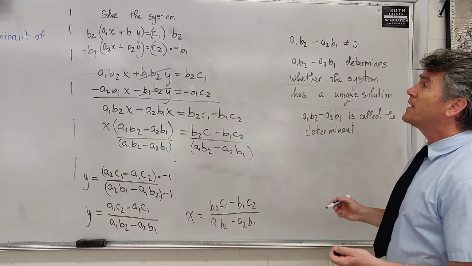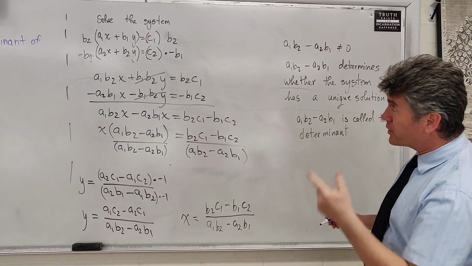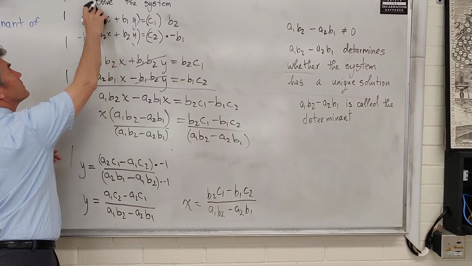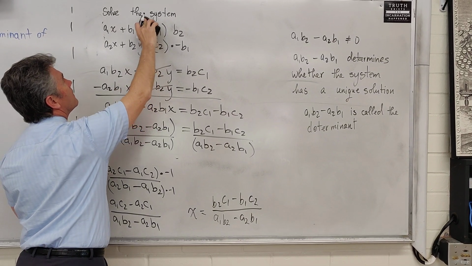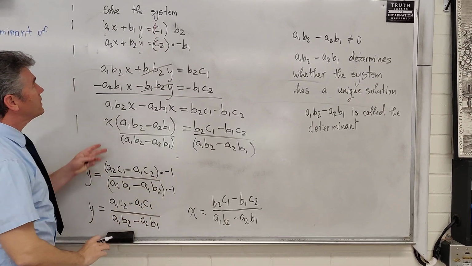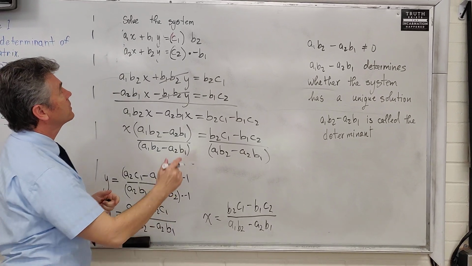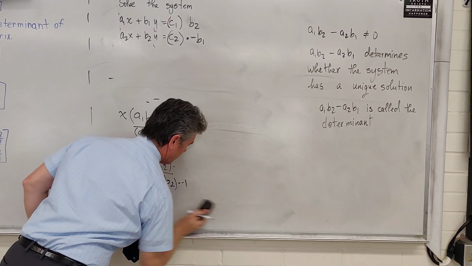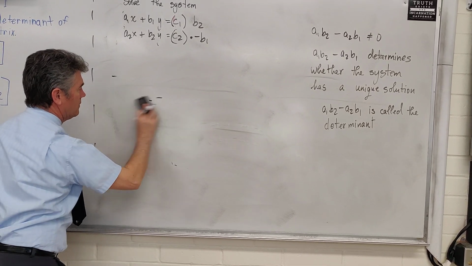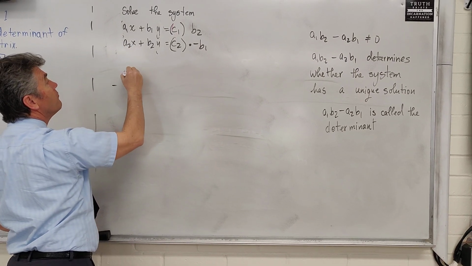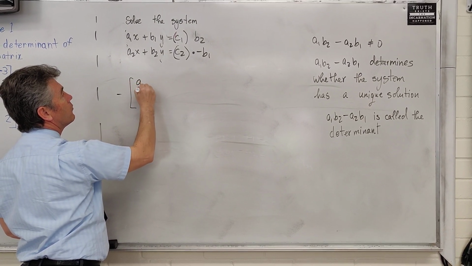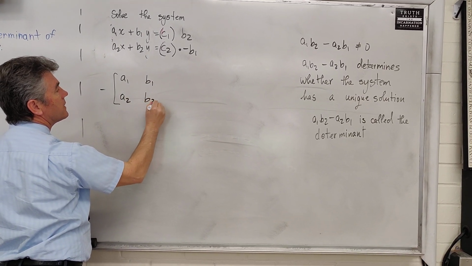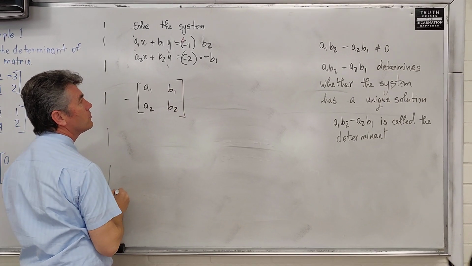Now, let's take a look one more time at our equation. I'm not going to look at all of it. I'm just going to look at the coefficients. So let's figure out the coefficient matrix. What is the coefficient matrix? I'm going to erase everything else, it is unnecessary. The coefficient matrix is a sub 1, b sub 1, a sub 2, b sub 2.